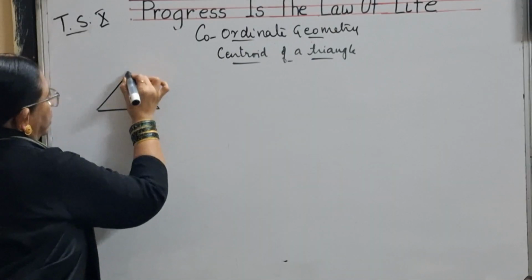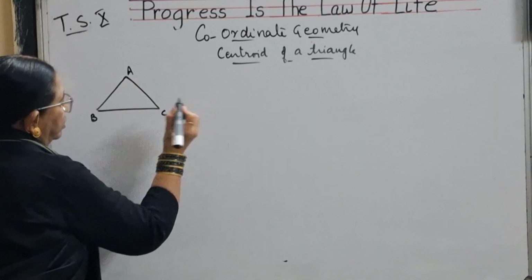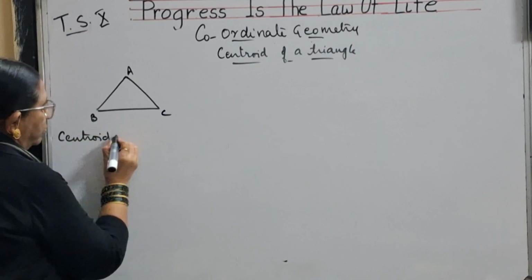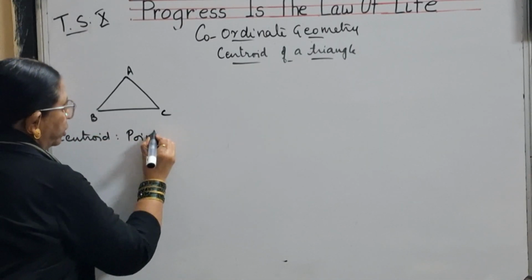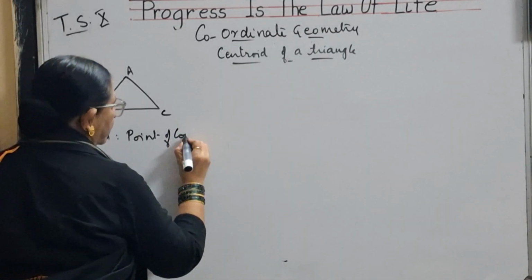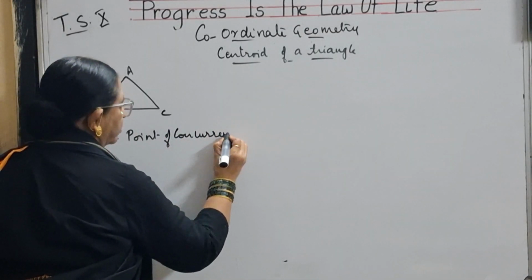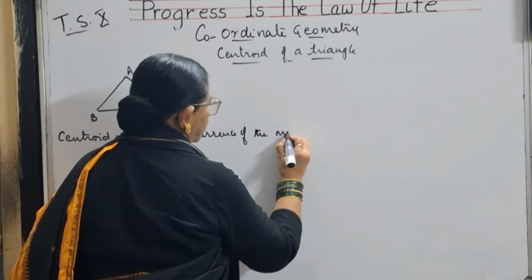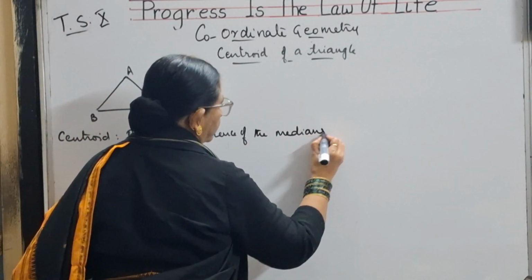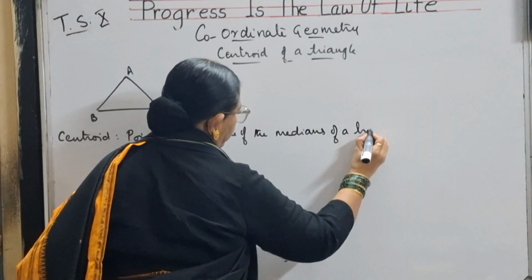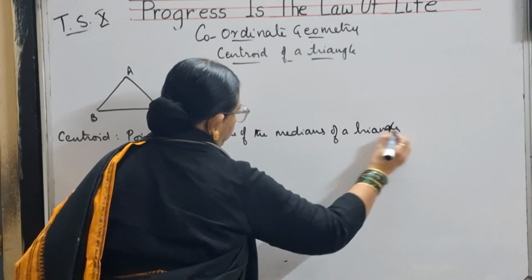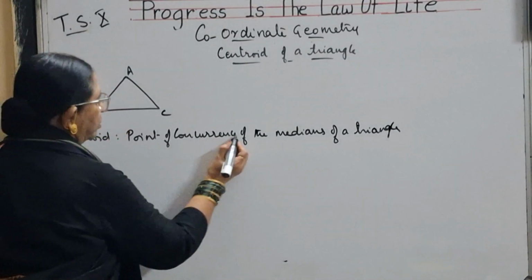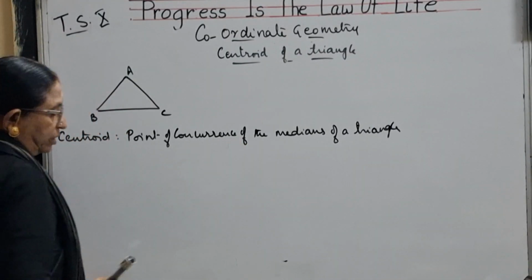If it is a triangle ABC, the definition of centroid is the point of concurrence of the medians of a triangle. This is the definition, children. Concurrence means where the three lines meet.